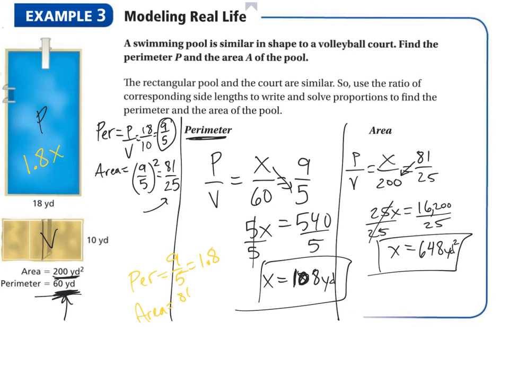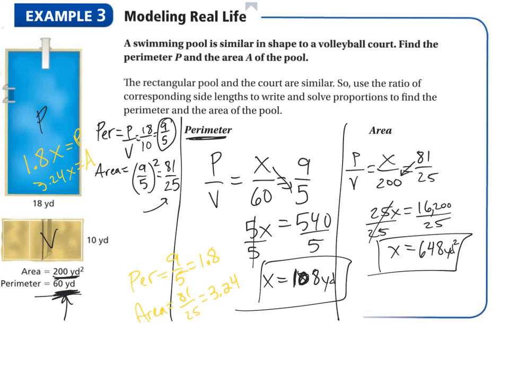We have 81 over 25, and there's a circle question that you'll need to know this on. So if we take 81 divided by 25, we don't have 1.8, we have 3.24. So the area, this was the perimeter, the area is 3.24 times bigger.